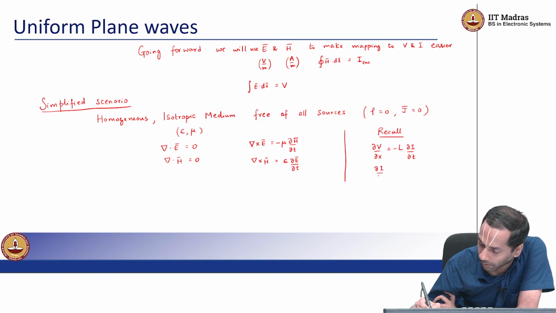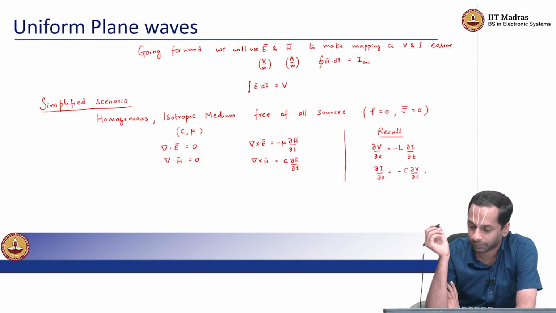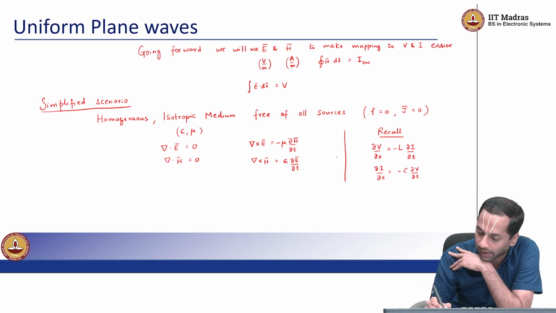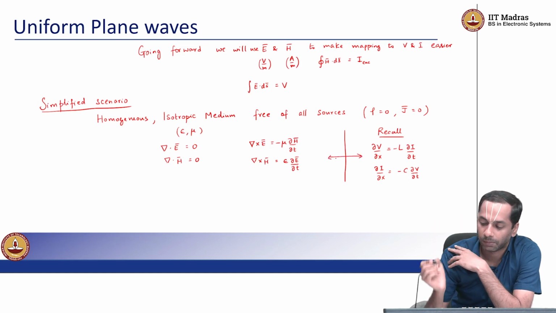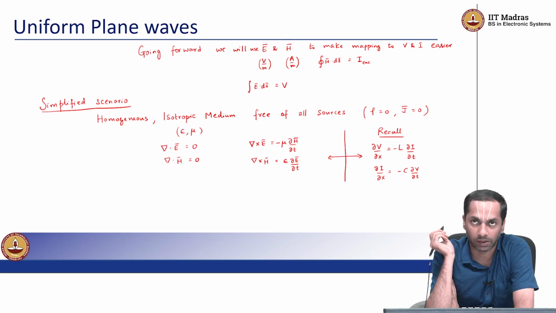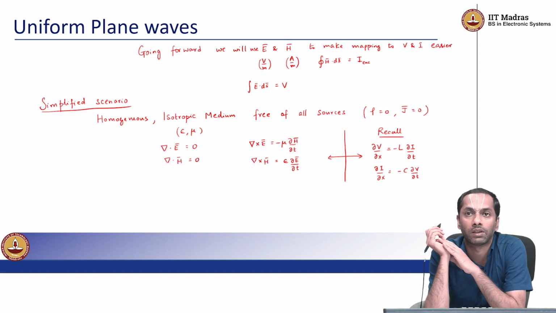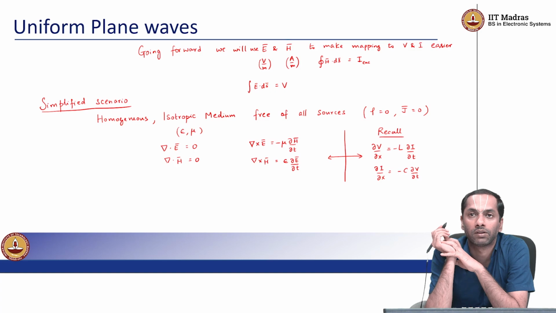Then you have dou I by dou x is minus C dou V by dou t. Okay. The reason to write this down is I want you to see the parallel between the curl equations and the telegraph's equations, right? They look awfully similar. I have the spatial derivatives on the left hand side being equated to the time derivatives on the right hand side through simple scalar factors, right? In the case of voltages and currents on transmission lines, we had the inductance and capacitances per unit length, and here we have the permeability and permittivity of the medium.